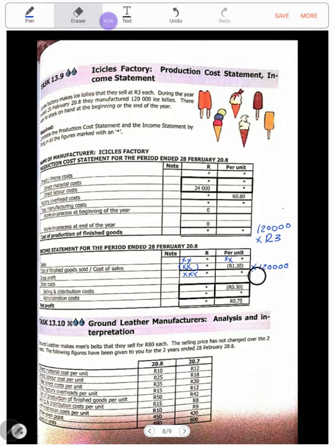The other cost includes the selling and distribution cost and your admin cost. They've given you your selling and distribution per unit, which is 30 cents, and you're going to multiply that by the number of ice lollies that you manufactured in order to get your total amount over there.